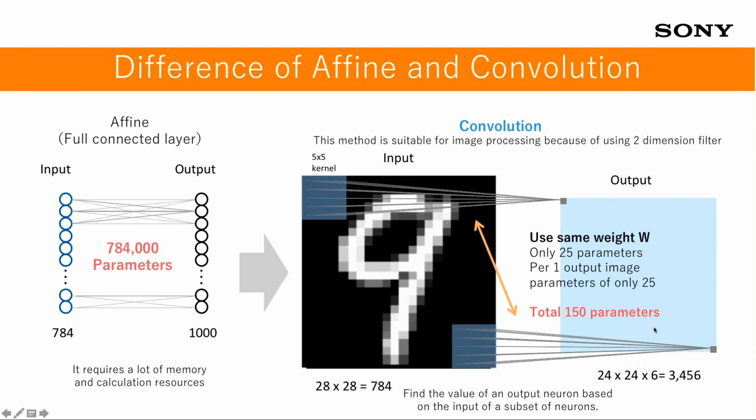This means less memory, less calculations, right? So this is important when we do convolution. Basically, the way that we do it, we had 6 filters and a 5 by 5 kernel, which is 25. 25 multiplied by 6 is 150 parameters. This is the way that we do image processing, it is a technique, and it helps us improve the performance.